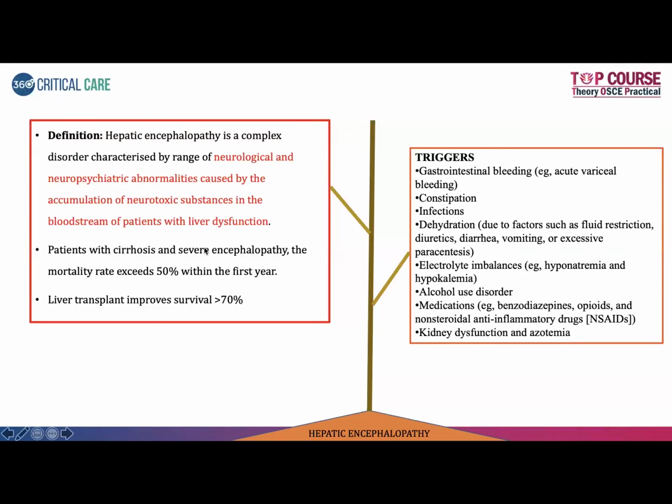For example, if there is a time delay between the sampling and measurement, that will have an impact on ammonia measurement. So a tourniquet which is tied, fist clenching, and sample processing can give you falsely elevated ammonia levels. So you need to be very careful when you're doing the sampling as well.